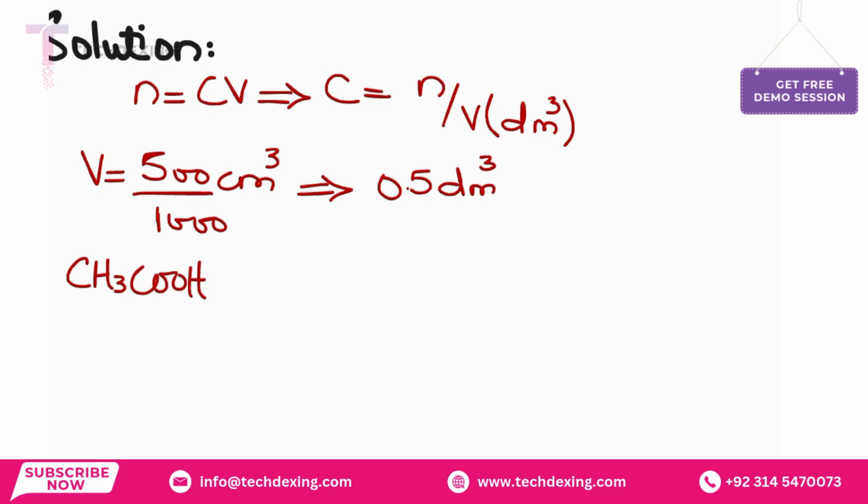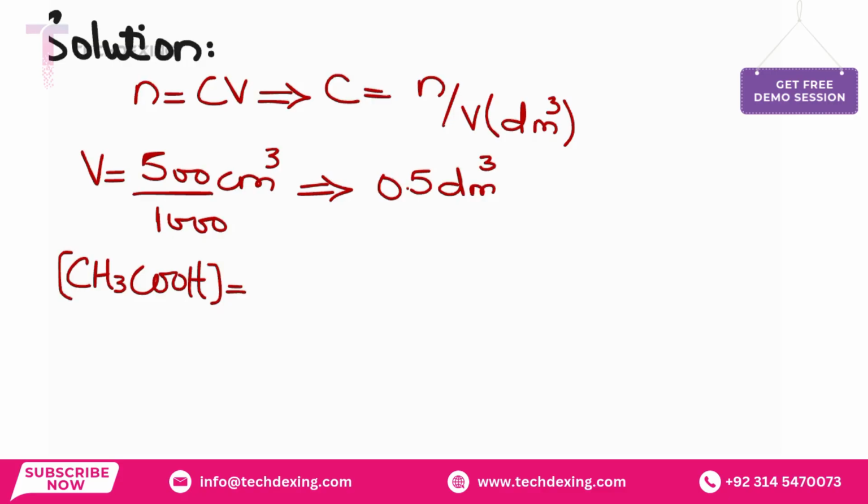If we put the square bracket around it, it would be in the form of mole per dm cube, right? Can you move to the previous slide and let me know the number of moles of acetic acid? How much is it?